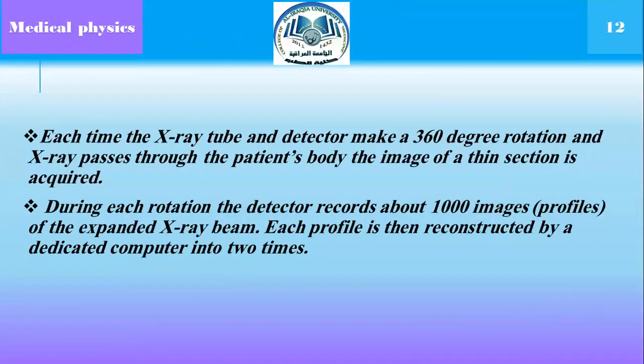Each time the X-ray tube and detector make a 360 degree rotation and X-ray passes through the patient's body, the image of a thin section is acquired. During each rotation, the detector records about 1,000 images of the expanding X-ray beam. Each profile is then reconstructed by a dedicated computer into two-dimensional images.